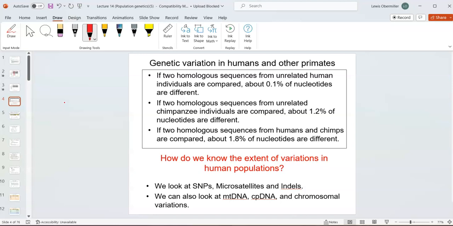And so you know that the more closely related you are to an individual, the less variation you see in your DNA. And that's basically the way that Ancestry is able to tell you who's your second cousin, who your mom and dad are.